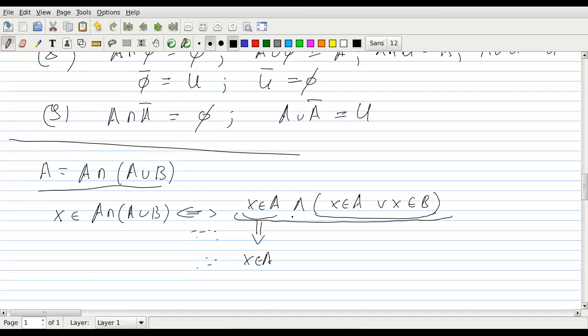After all, here we have a conjunction, and from a conjunction, of course, it follows that every member of that conjunction is true. Is it clear?